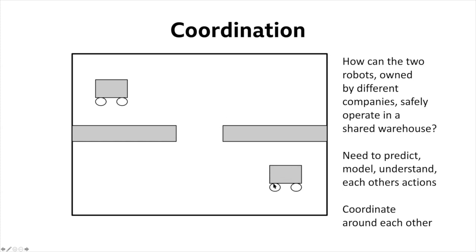Conversely, this robot over here needs to be able to do the opposite. It wants to go up to this space here and then back to this space and then back to this space, and it wants to do that infinitely often. So how should your robots think about being able to operate in that environment?